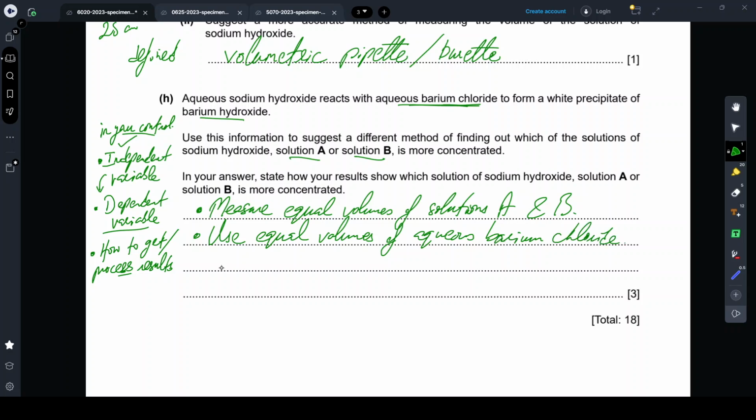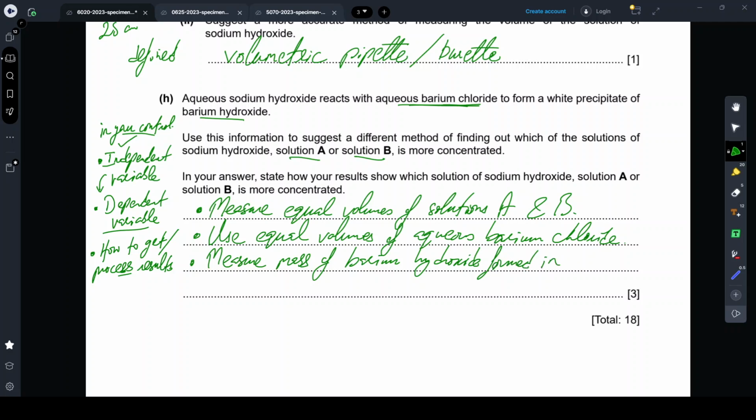And then what you can do is you can take the mass of barium hydroxide formed. So measure mass of barium hydroxide formed.